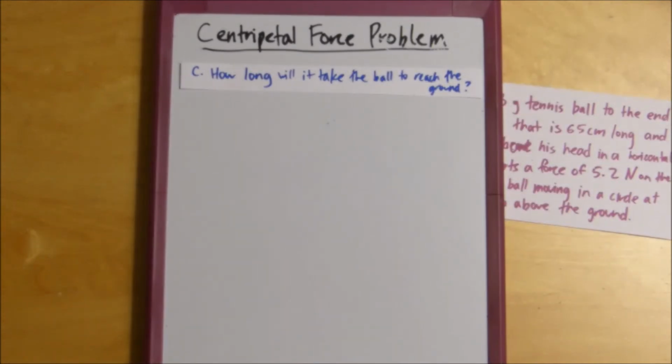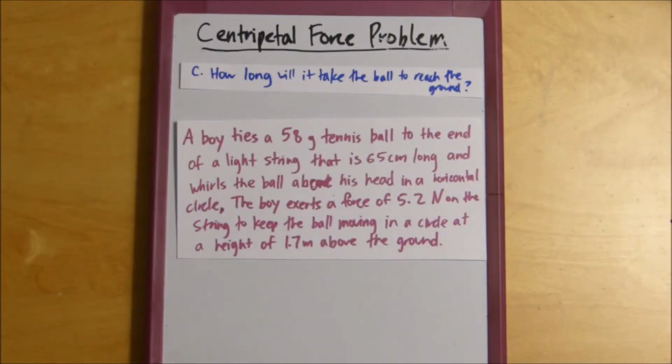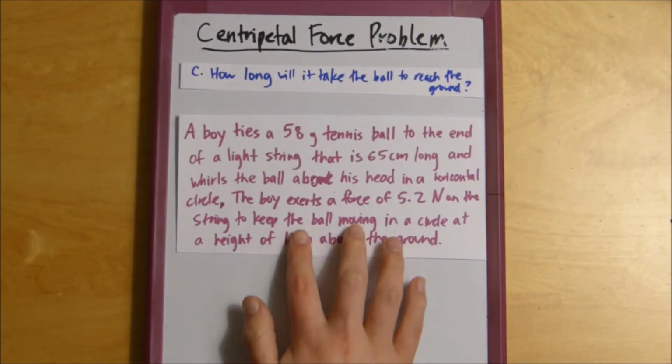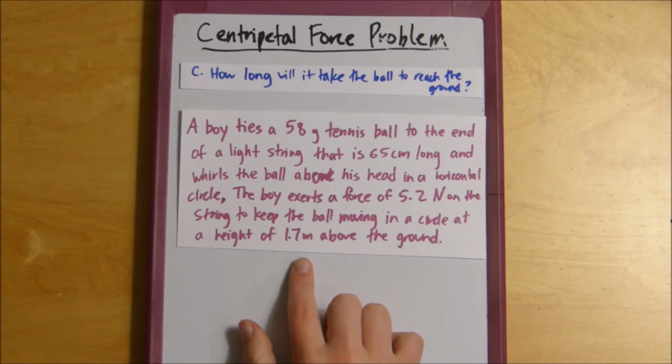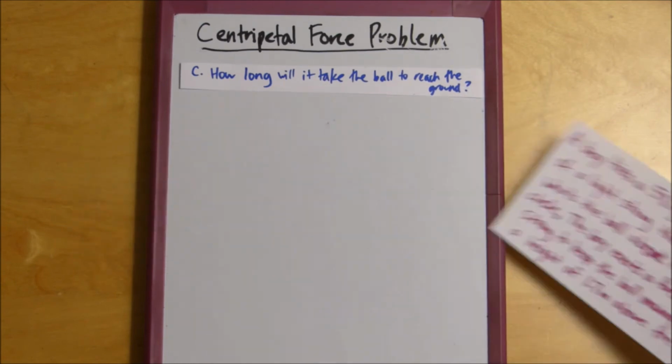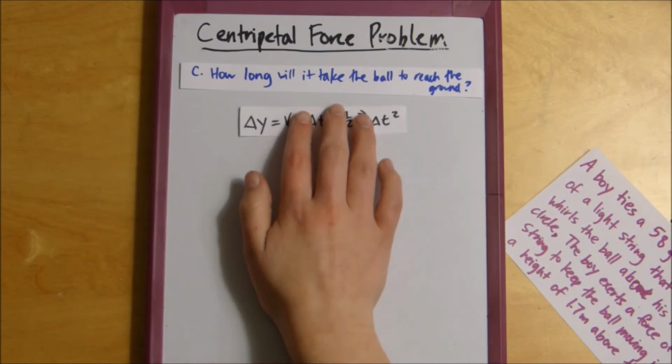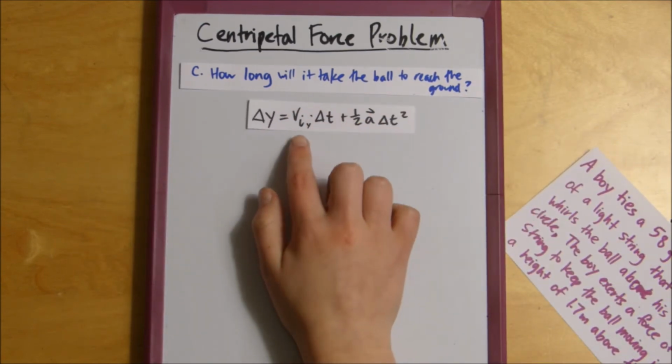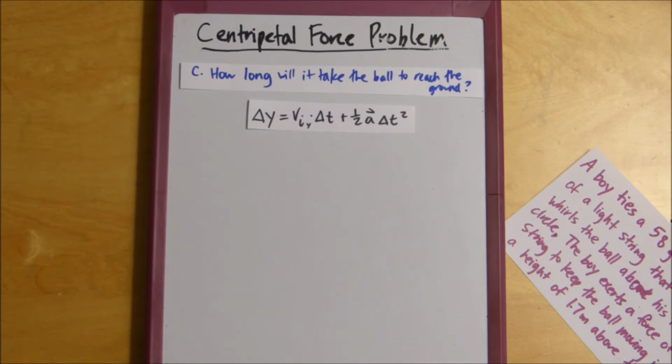Now, we can use the information provided in the original question, 1.7 meters from the ground, and our knowledge that 9.8 is gravity, and plug that into this equation: delta y equals v initial y times change in time plus 1/2 acceleration times delta t squared.